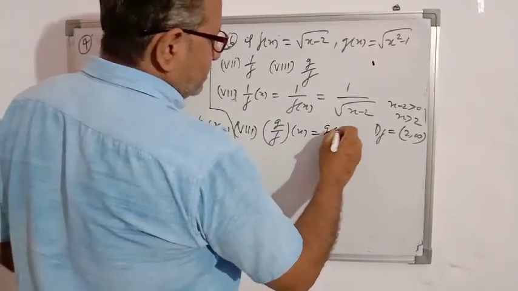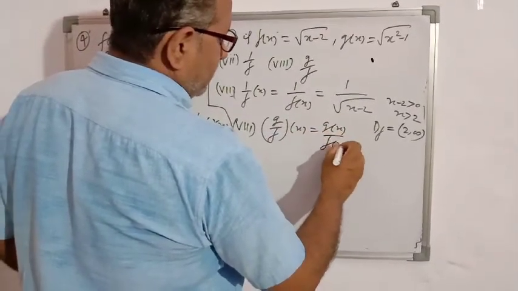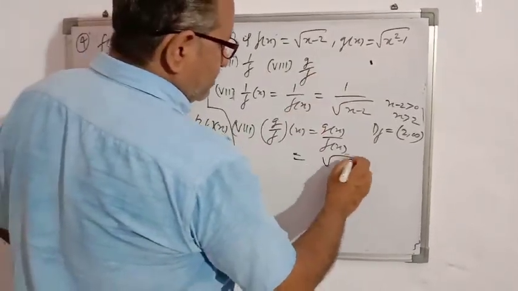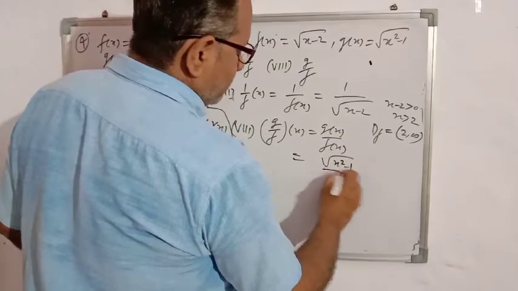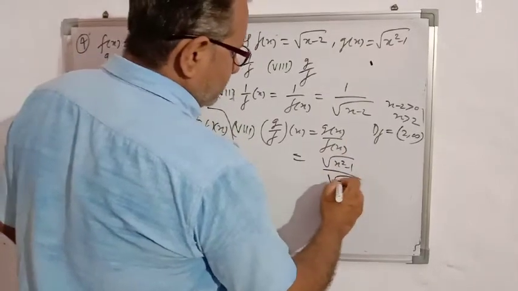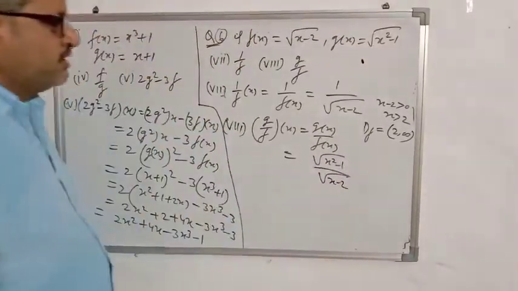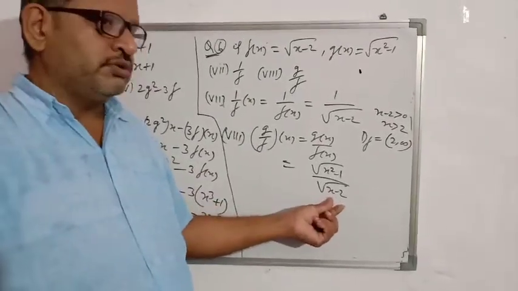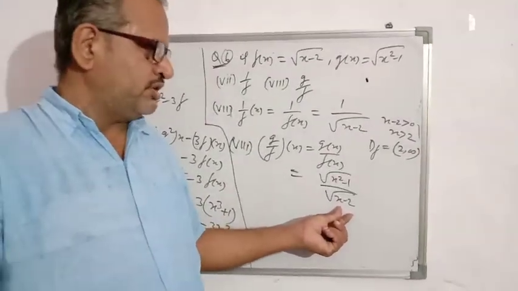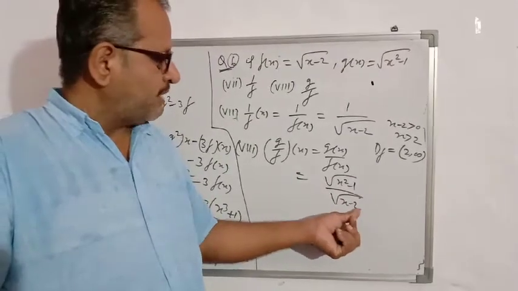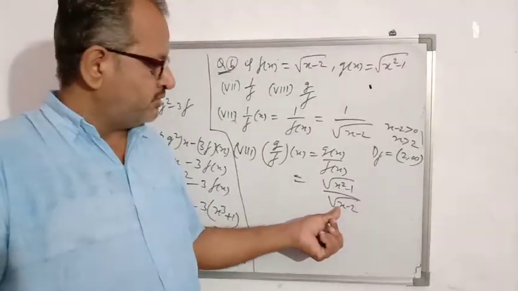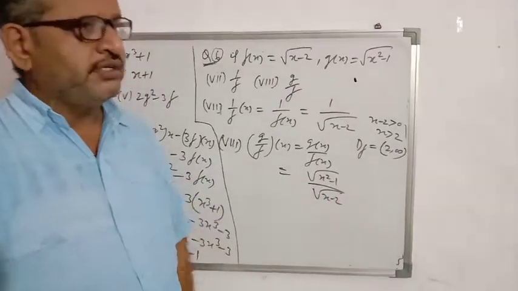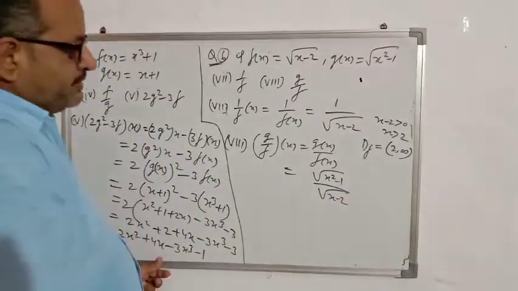We will write it gx by fx. gx is root x square minus 1 and fx is root x minus 2. The function is defined if x minus 2 is not equal to 0. x minus 2 cannot be negative either, so we cannot take the square root of negative real numbers.